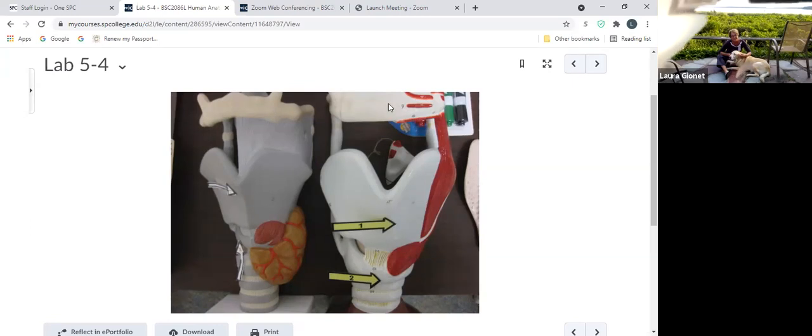On the one on the right, I think it has a number 9 on it. Then below that, we have what's called the thyroid cartilage, which is the broadest when we're looking from anterior to posterior. We're looking dead on to your hyoid bone and to your larynx. That is the thyroid cartilage. And then below that would be the cricoid cartilage.